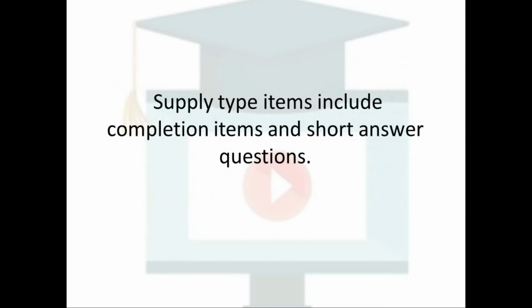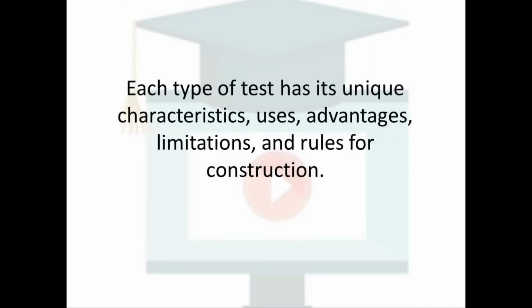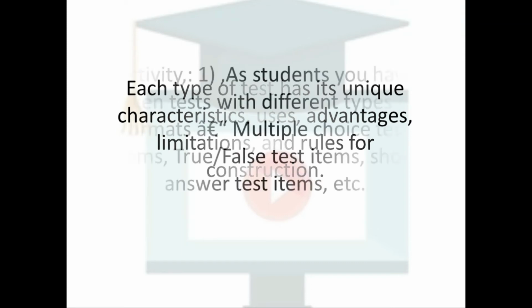Supply type items include completion items and short answer questions. Selection type test items include true/false, multiple choice and matching. Each type of test has its unique characteristics, uses, advantages, limitations, and rules for construction.